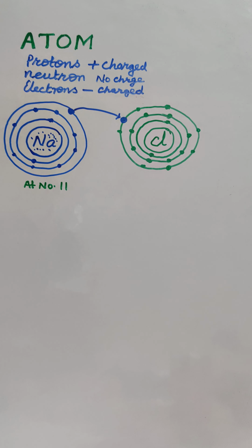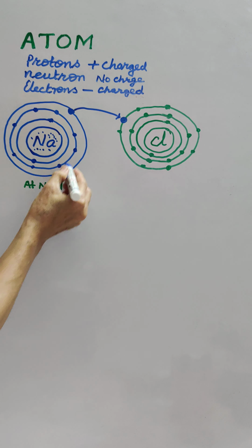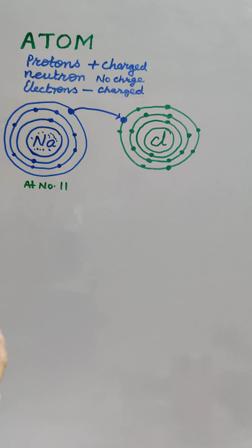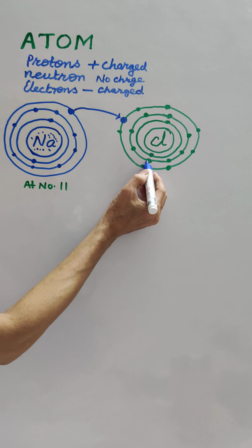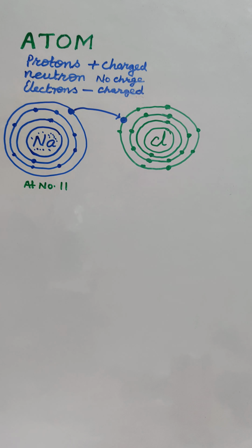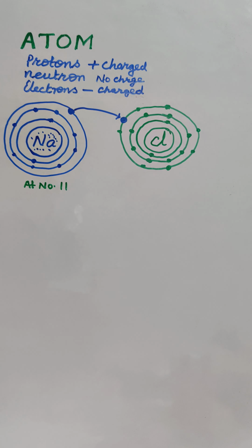Neon has 2 orbits, with 2 electrons in the first orbit and 8 electrons in the second orbit. And the chlorine will gain the electronic configuration of argon. Argon has 2 electrons in the first orbit, 8 electrons in the second, and 8 electrons in the third orbit. Now both of them will become stable.